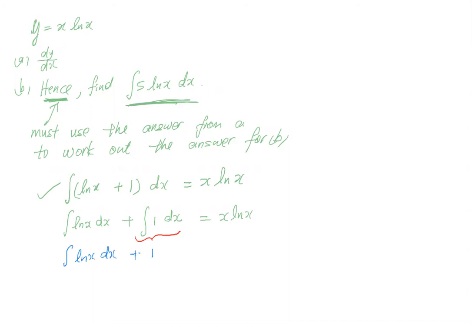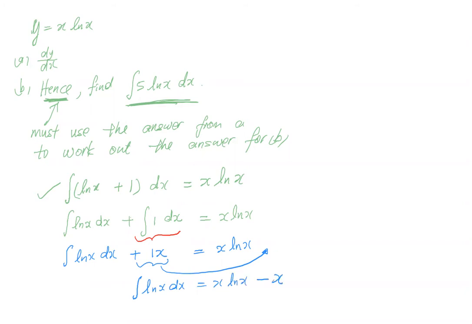This is 1 times x. So you bring this one over. The integral of this is x ln x minus x.